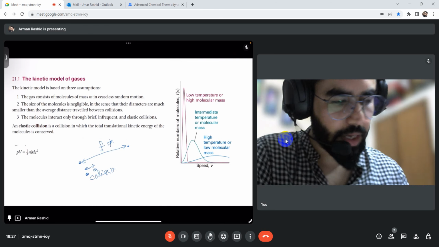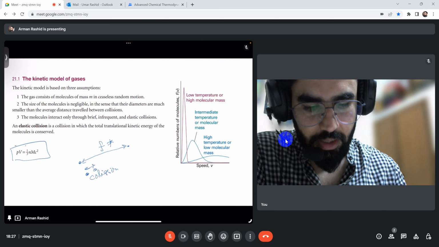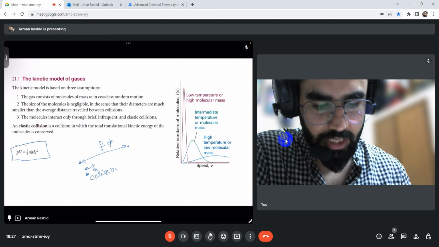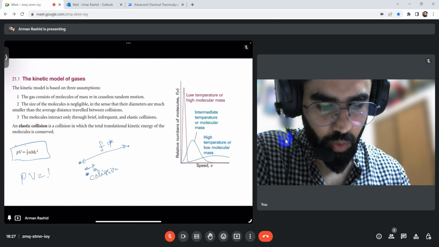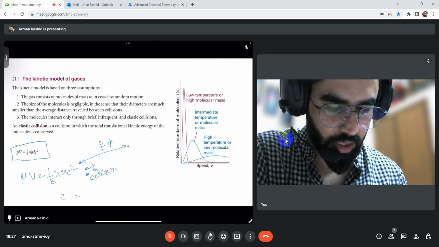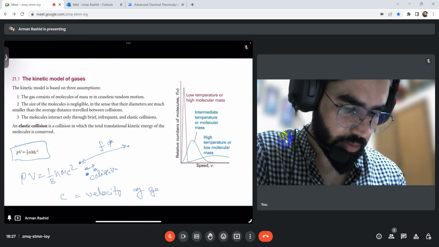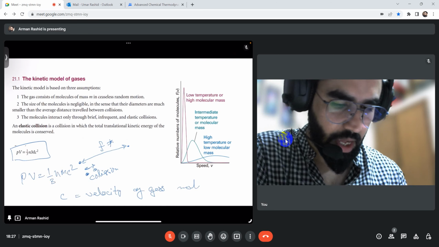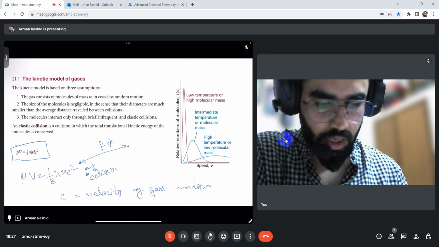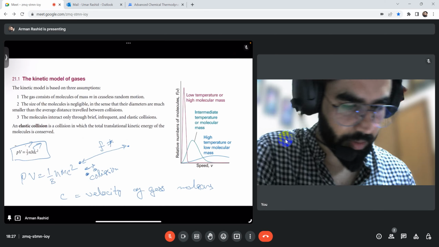Using the postulates, we can determine the equation PV equals 1 by 3 N M C square, where C is the velocity of gas molecules, M is the molar mass and N is the number of particles.